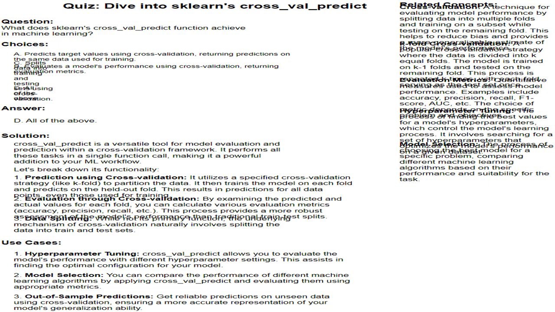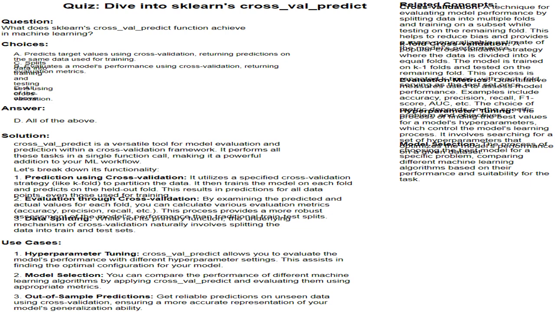True. Data splitting. While not its primary function, the underlying mechanism of cross-validation naturally involves splitting the data into train and test sets.